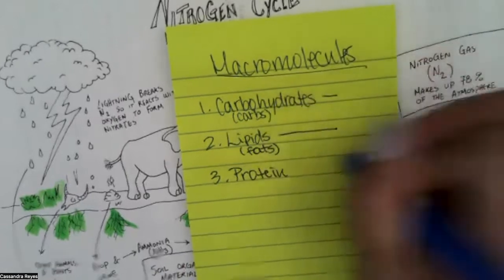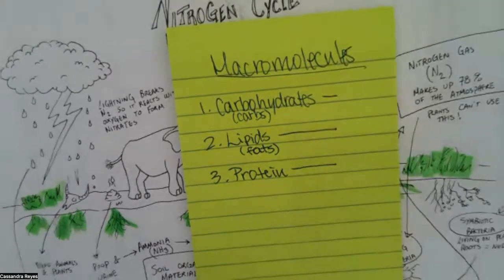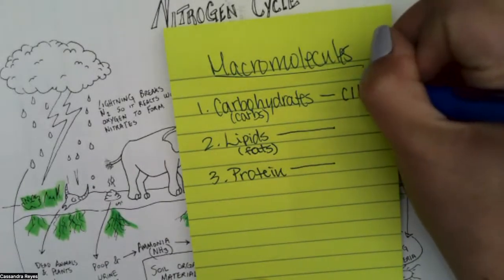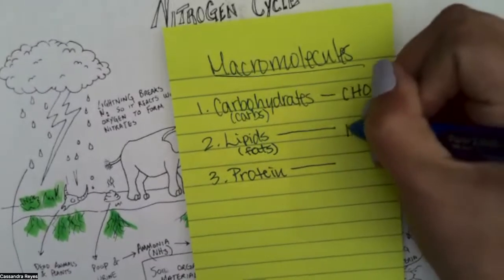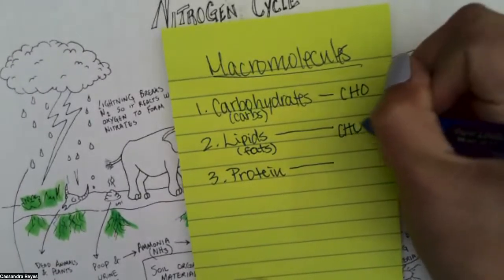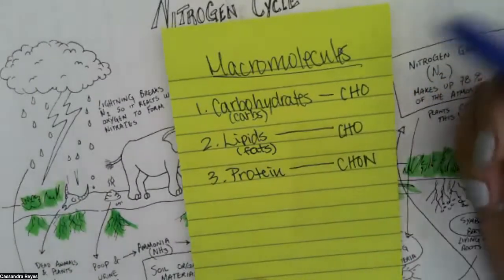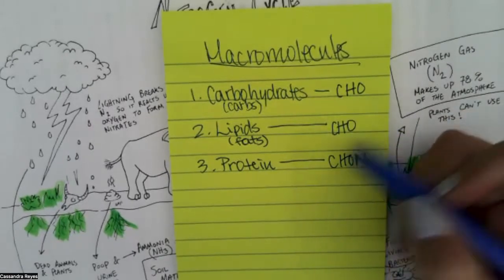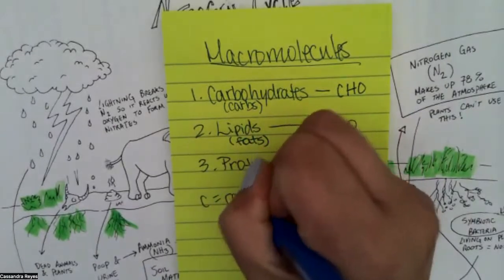Each one of these macromolecules is going to be made of basically the same elements, except for one of them. So the way that we remember which element makes up each one of these is we say CHO, and CHON. Because what this is telling us, the C's here are telling us that it has carbon. So C equals carbon.